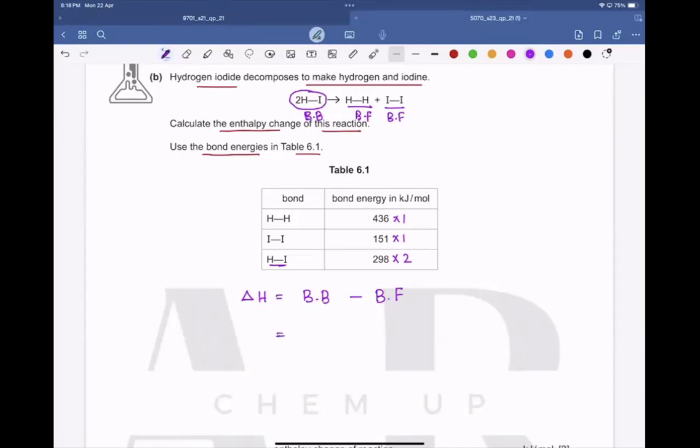So bonds broken would be 2 times 298 minus 436 plus 151, because there is 1 mole of iodine bond and 1 mole of hydrogen bond, so we do not need to multiply them. Can anyone calculate it and tell me the answer?